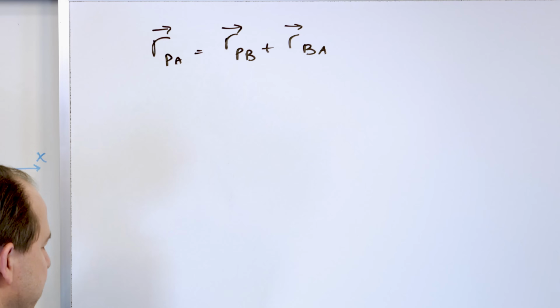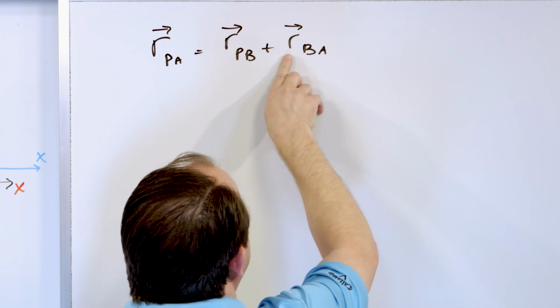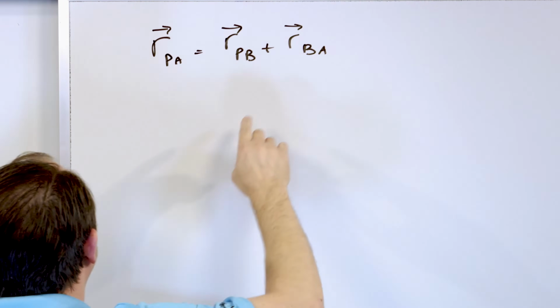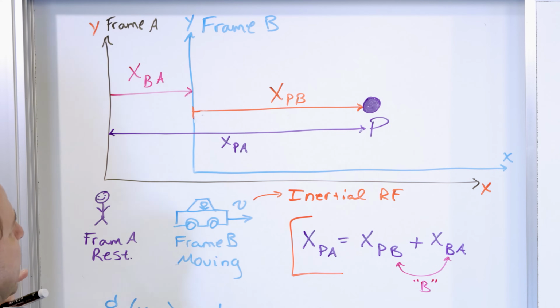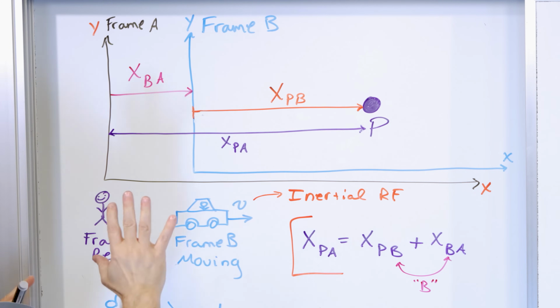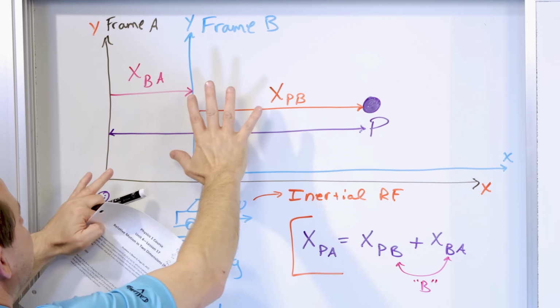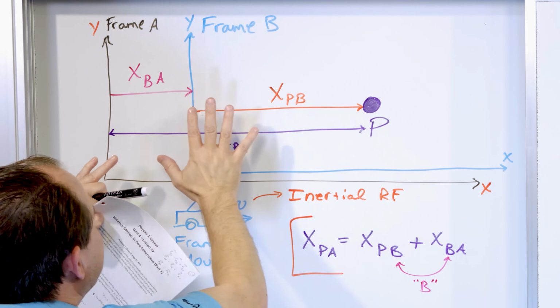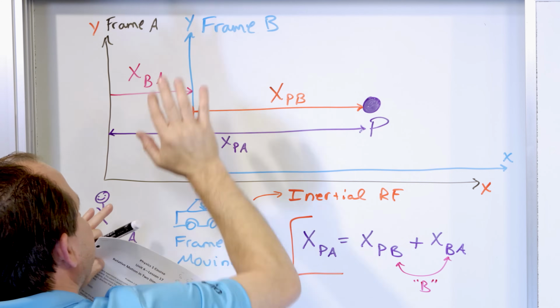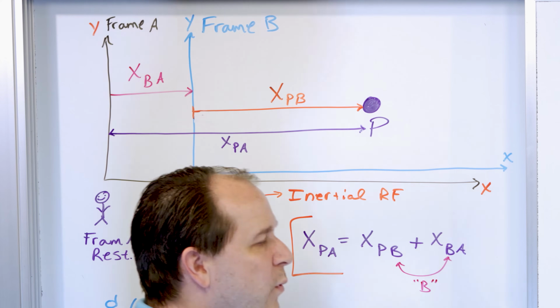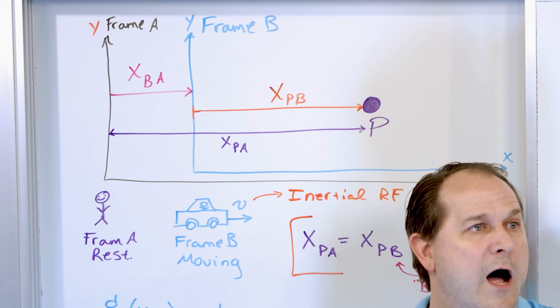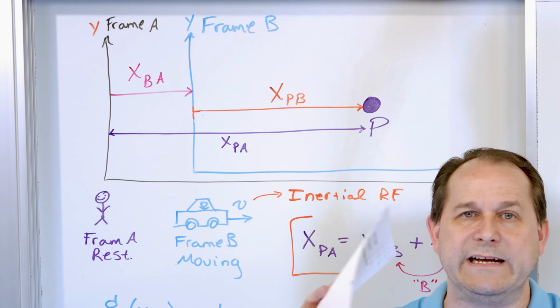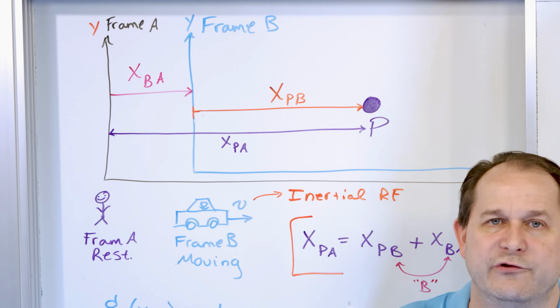So this, for instance, this BA, this position of frame B with respect to A, this is how the two frames are positioned relative to one another. But in general, you might have the frames not sliding in one direction. You might have the frame moving in 2 dimensions with respect to one another. Or in 3-dimensional space, you might have one frame off somewhere far away, not in any particular plane from the original observer.